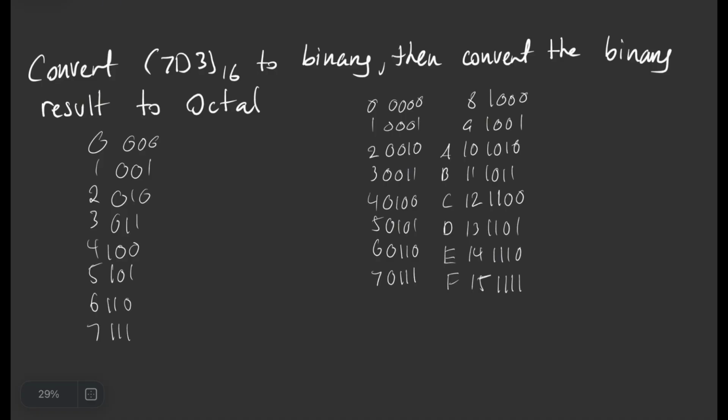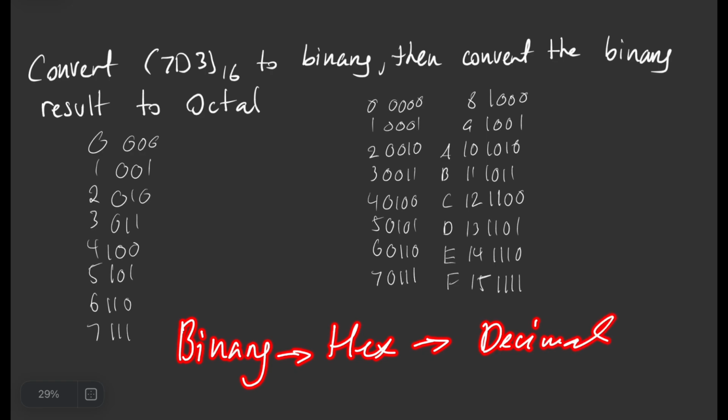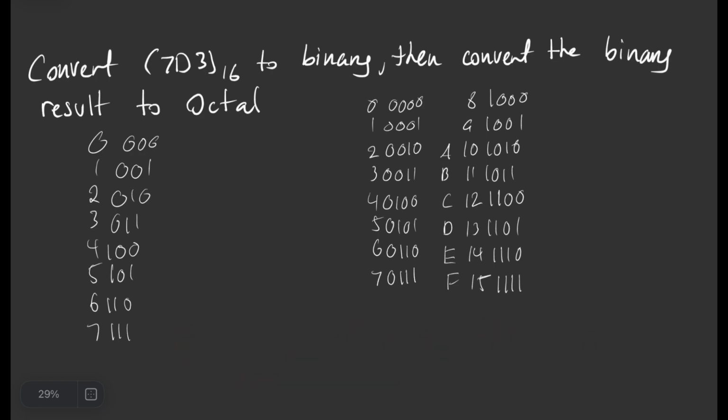And also, if you have some long drawn out binary number, just knowing this hexadecimal table will allow you to go from binary to hex to decimal, which once you've memorized this table is way faster than going straight from binary to decimal.